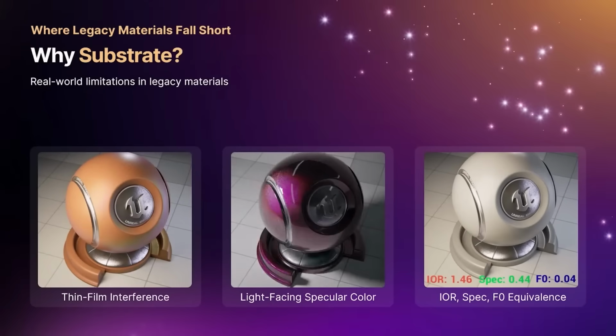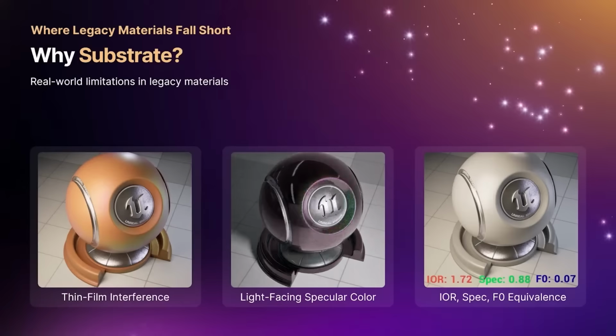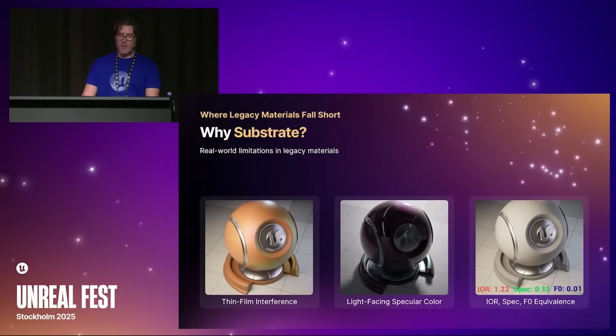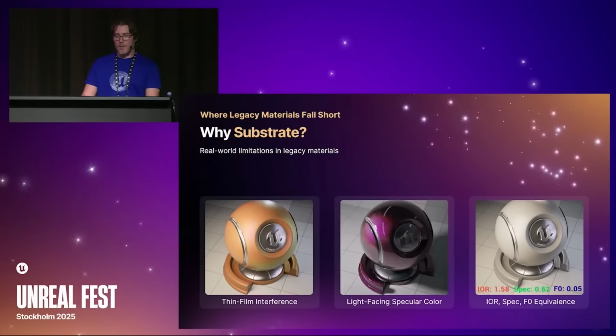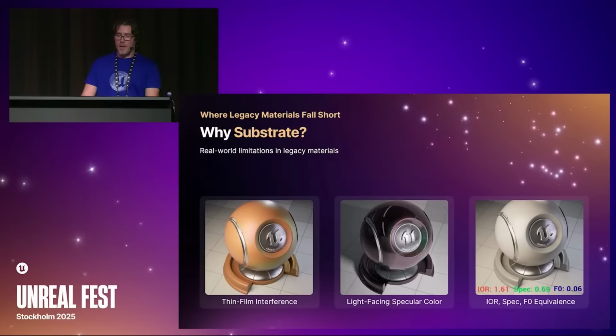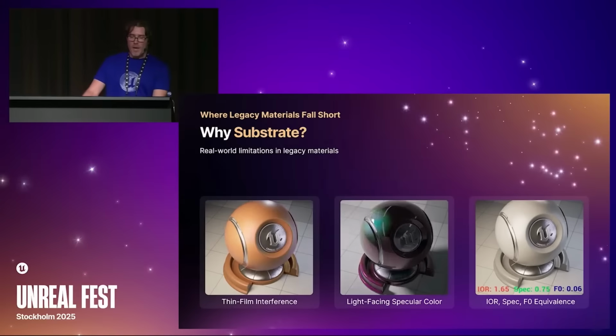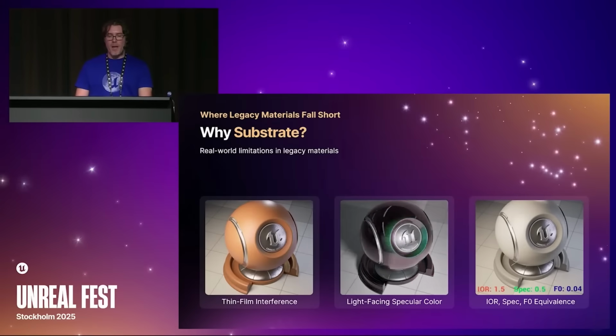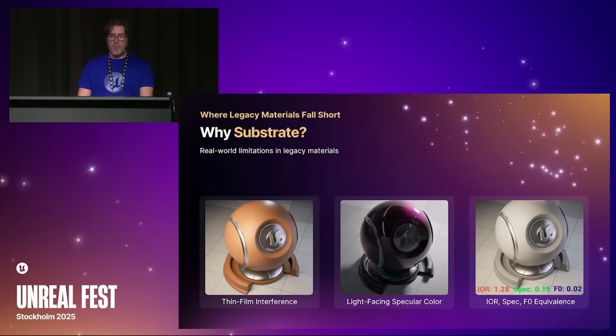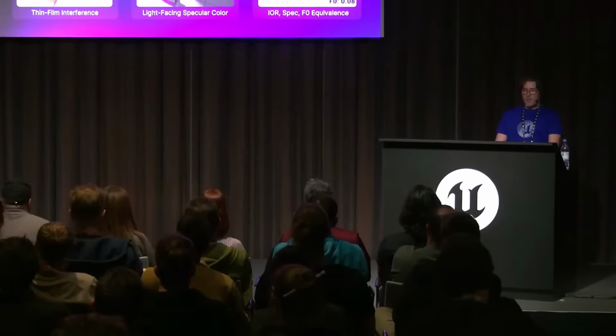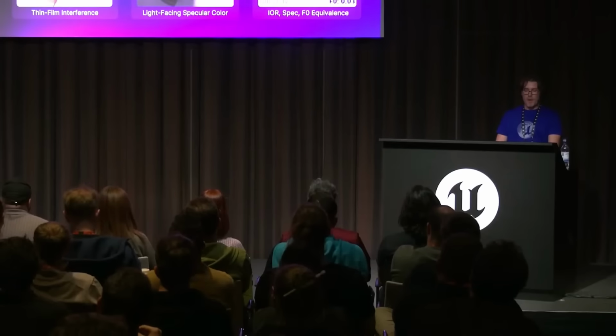Substrate exposes F0 as a Vec3, so you can define chromatic specular directly, even on dielectrics, and have it respond properly to lighting. Substrate enforces energy conservation to ensure the balance of diffuse and specular remain plausible. It's even possible to have light-facing specular effects in Substrate by using a specular profile asset.